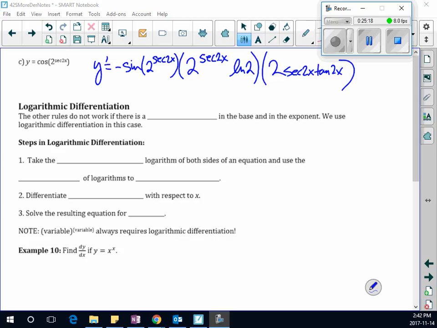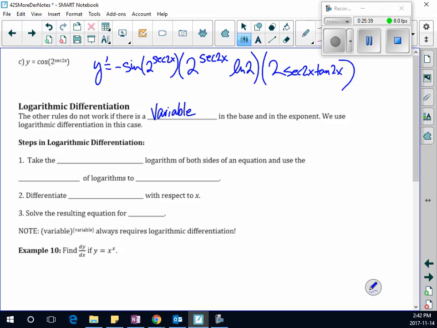Okay, logarithmic differentiation. The other rules do not work if there is a variable in the base. Do you understand that? All these rules that we memorized had a number as the base, right? So if I have a variable as the base, we use logarithmic differentiation.